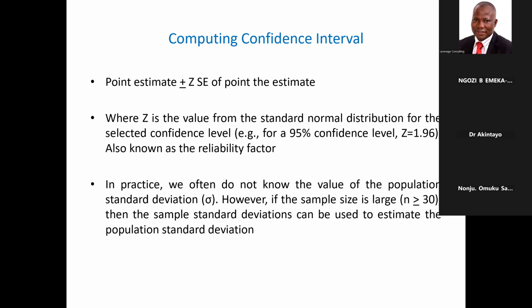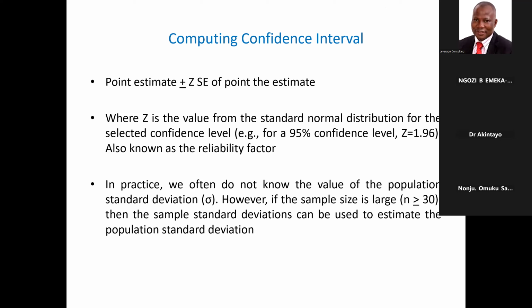So if you choose 95, you get 1.96. If you choose 99, you get 2.8. Z is also called the reliability factor.